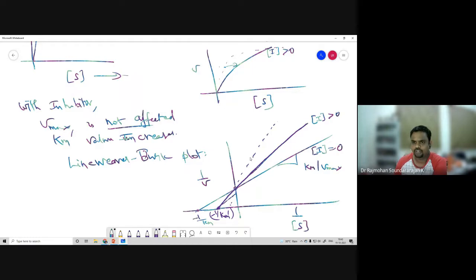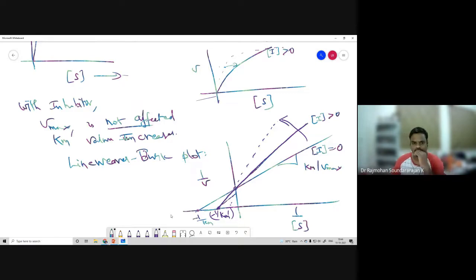As I concentration increases, the slope increases, so the Km dash value is increasing. Remember, the half of the Vmax value is the same. That is what we understand from this mechanism.